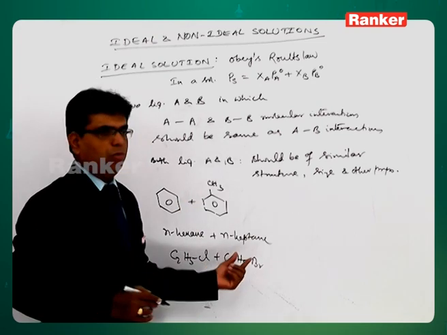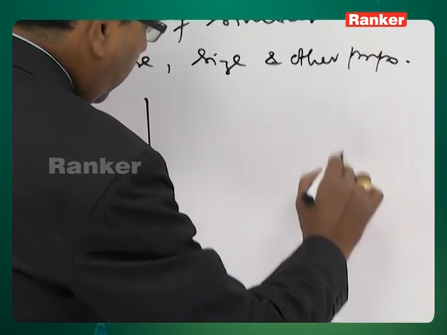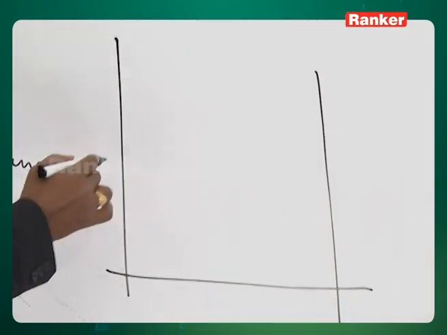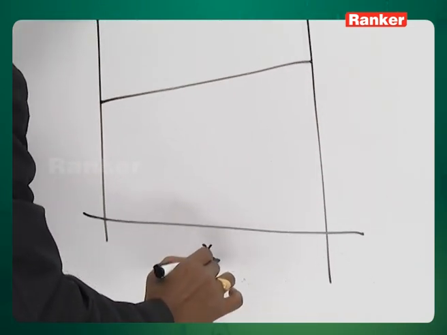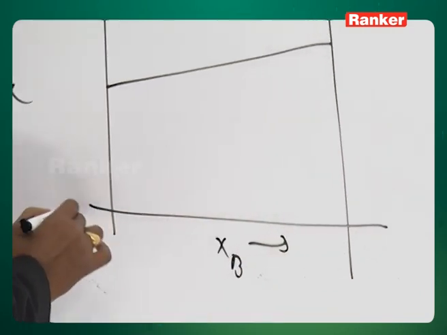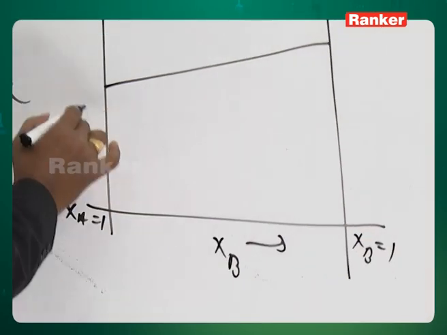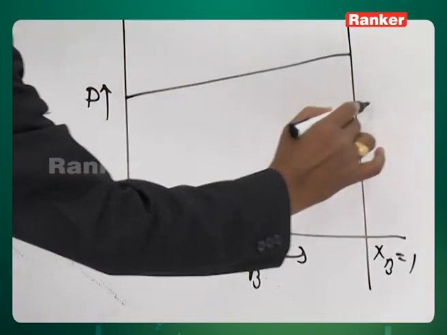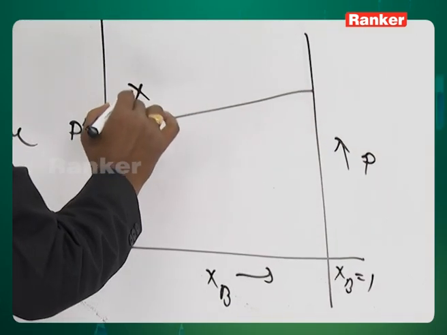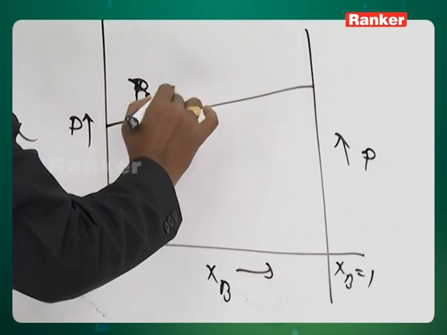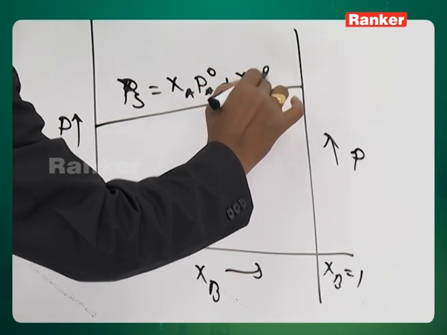These kinds of mixtures will form an ideal solution, and for these solutions, if you draw a graph, you will get this kind of graph as previously discussed. Here P is equal to XA PA naught plus XB PB naught.